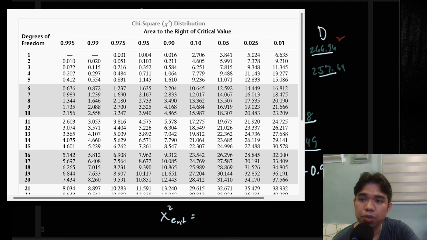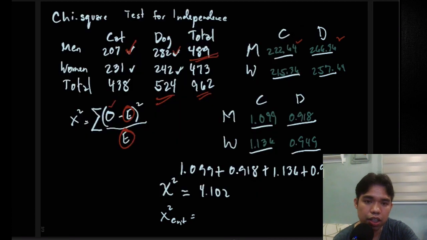Now we are going to identify the degrees of freedom. So by the way, we need to compute the degrees of freedom. As I said before, degrees of freedom has a different formula for each statistical tool. So it's not the same formula for every statistical tool.